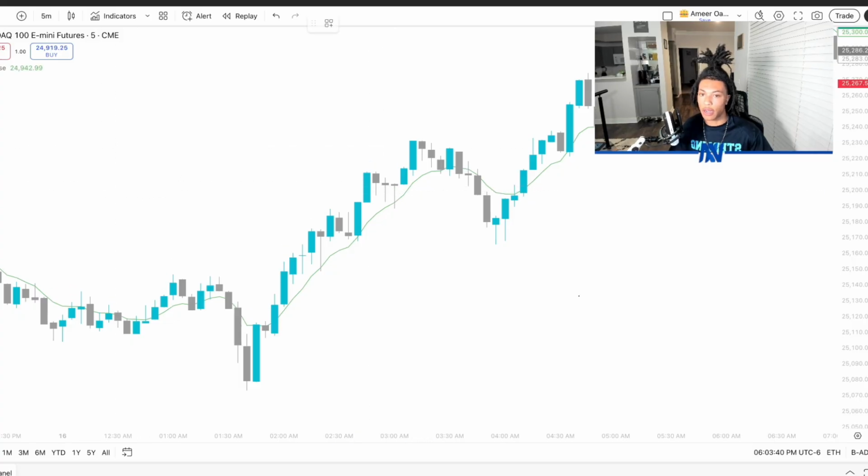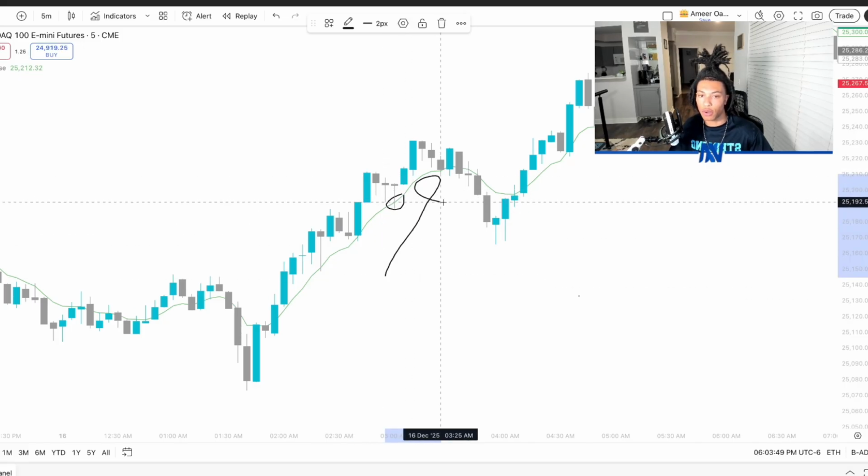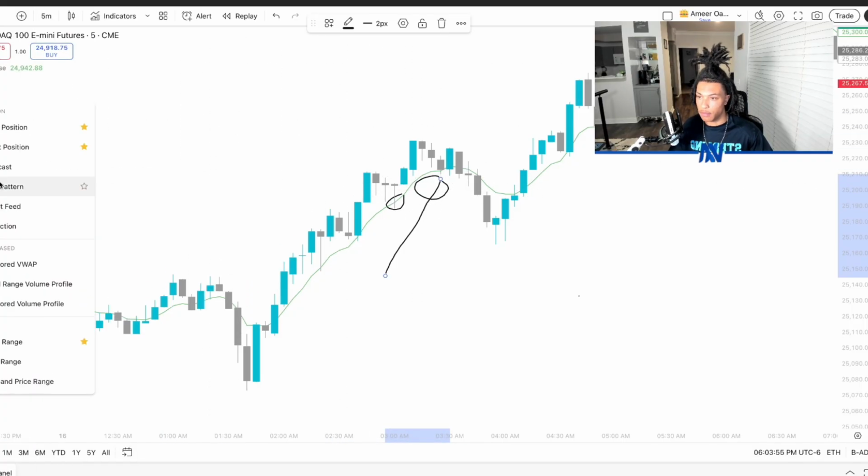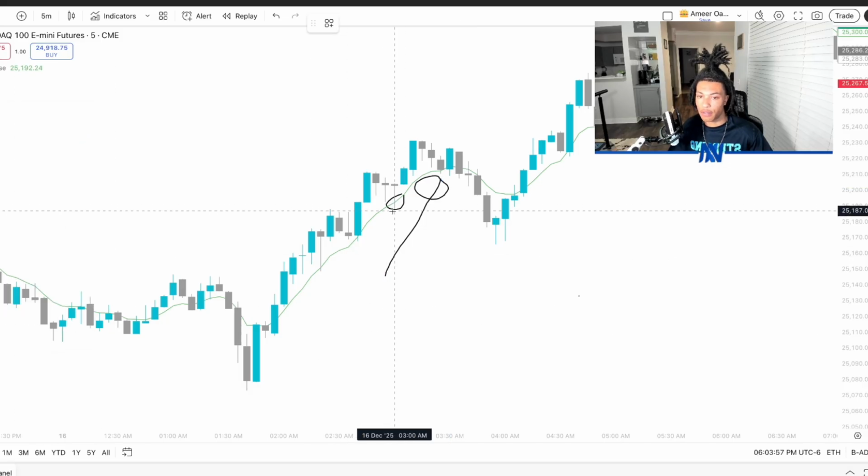So it ended up coming to the 8 EMA and then rejecting off the 8 EMA right here, making a hammer candle to signify that the trend is still strong bullish, but it ended up breaking through on the 1 minute. But it's fine because our stop loss was still under this 8 EMA on the 5 minute to give us enough cushion on the 1 minute as well, since it broke through on the 1 minute, but it rejected off of this 5 minute.